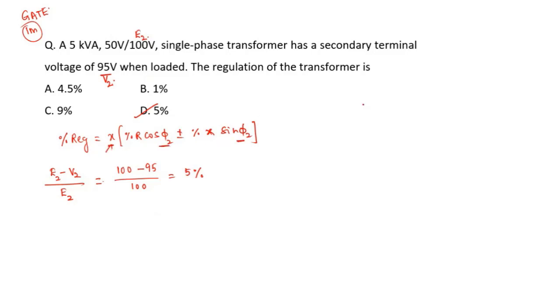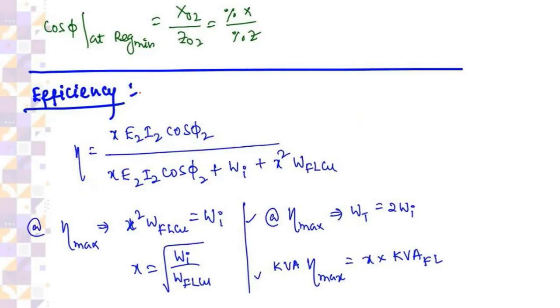So X is the percentage load. X equal to 1 when it is 100% load or full load. X equals 0.5 means half of the full load. Like that you can substitute. Yeah, the power factor at minimum regulation, this point I thought of saying, but it was missed and it came into the next slide.